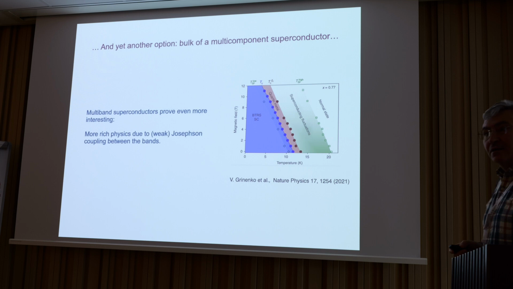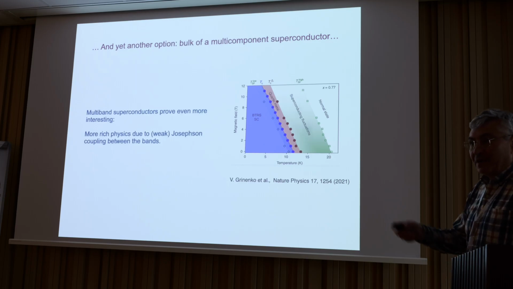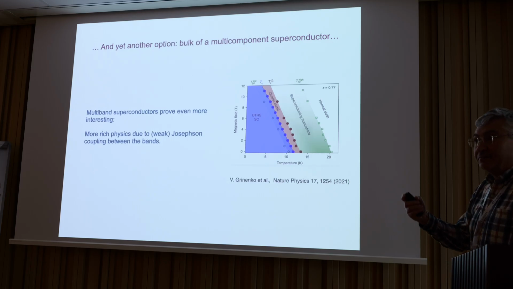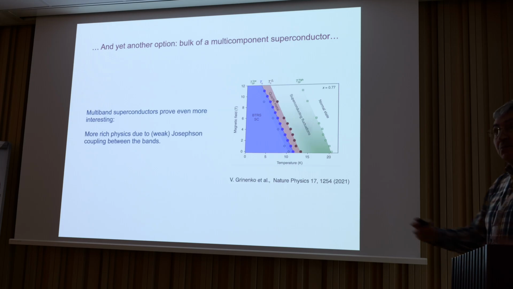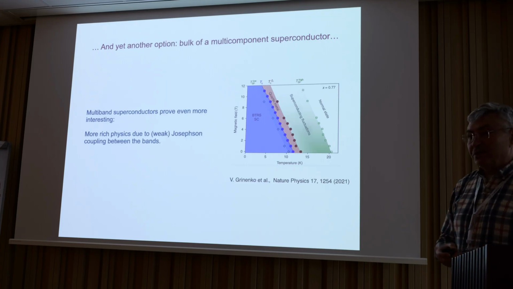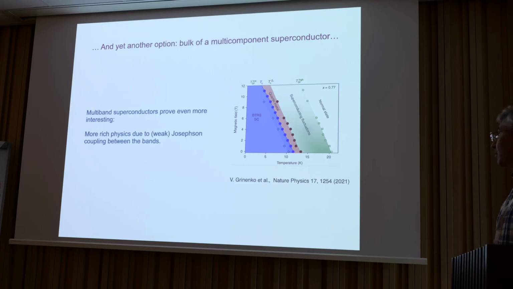I thought it goes back to London. Yeah. It goes back to London. London's idea. Okay. Anyways, thinking of a superconductor as an insulator in the bulk, thinking of a multi-component superconductor, we understand that the bulk of a multi-component superconductor behaves as a counterflow superfluid if we have more than one component.